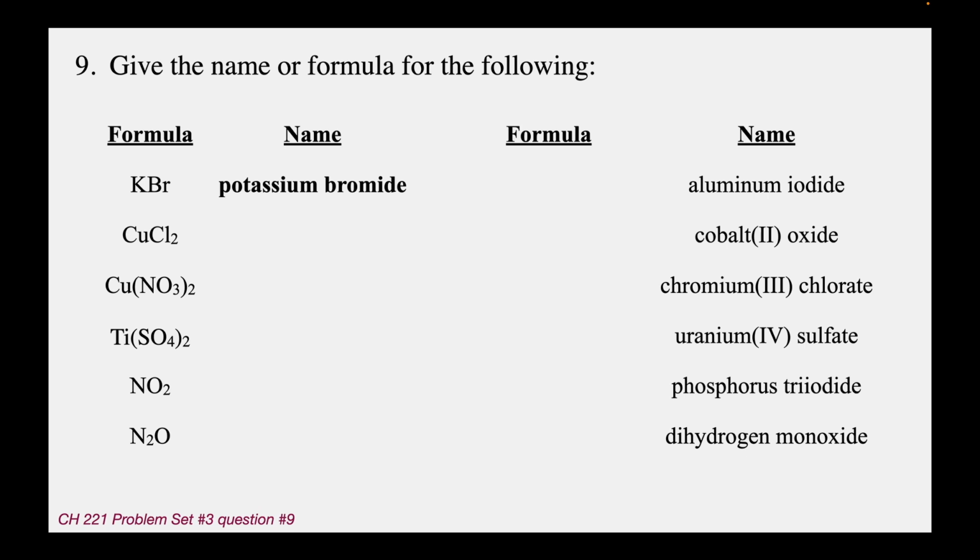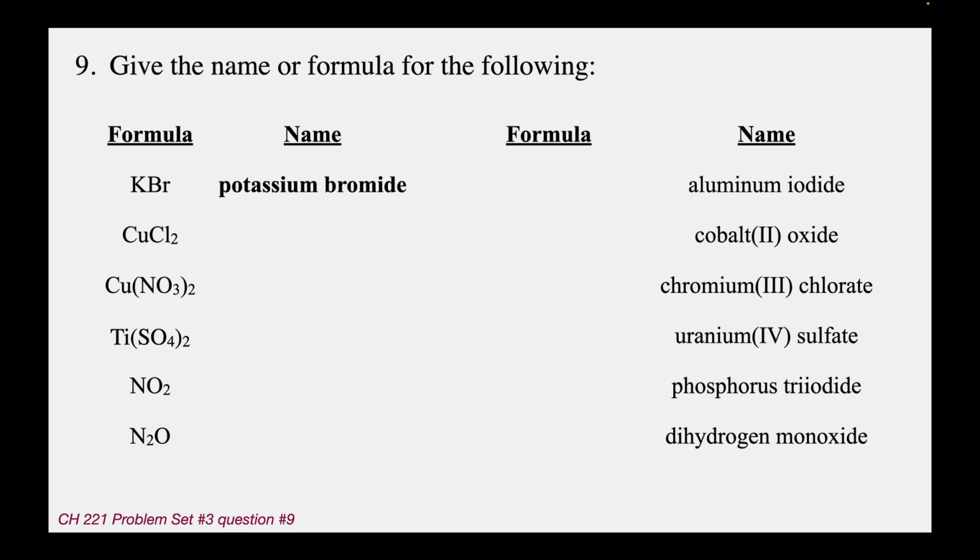The next ones, however, the next two examples have copper. And copper is an example of a variable charge metal. So what that means is we don't always know what the charge on the copper is going to be. If you have a variable charge metal, you need to include a Roman numeral next to the variable charge metal's name.